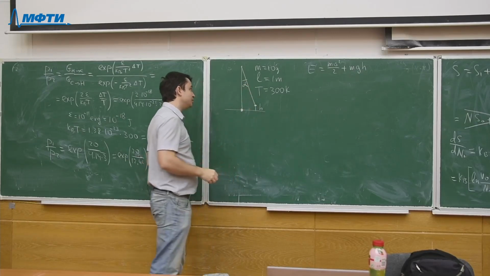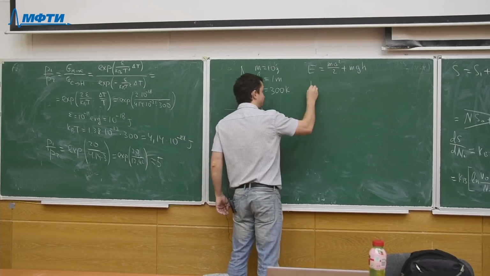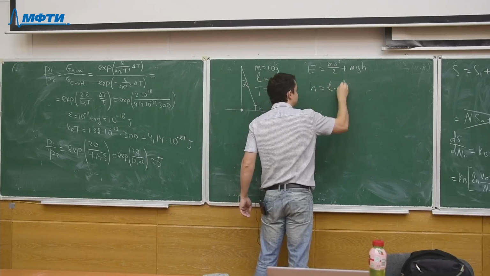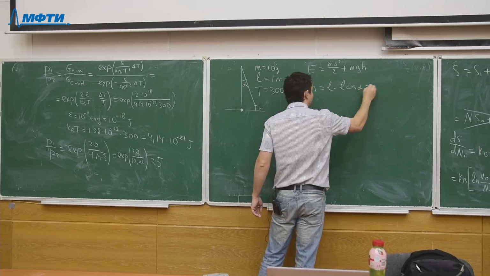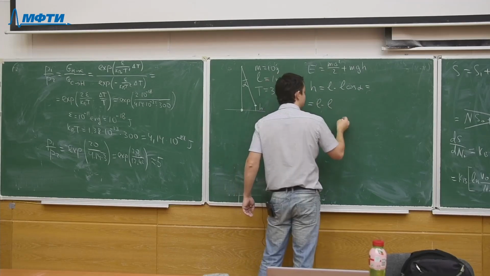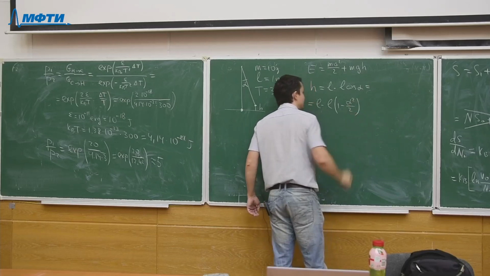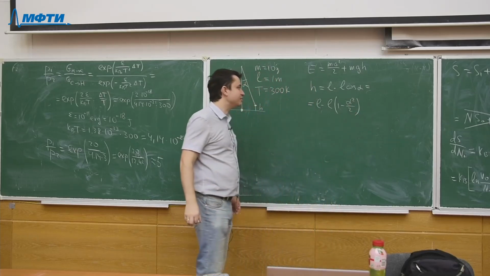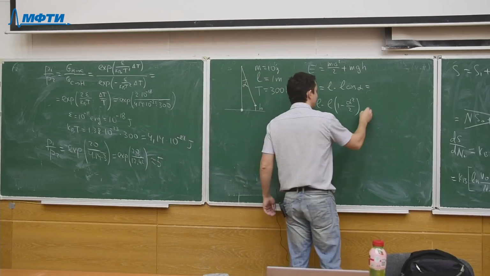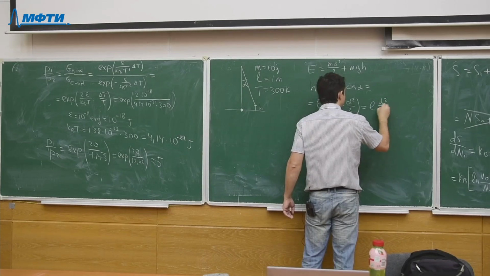Assuming that this angle alpha is very small, we can write that h equals L minus L cosine alpha. And then we use the famous expression which stems from the Taylor series, that cosine alpha for small angles is approximately 1 minus alpha squared over 2, which allows us to get that this is L times alpha squared over 2.